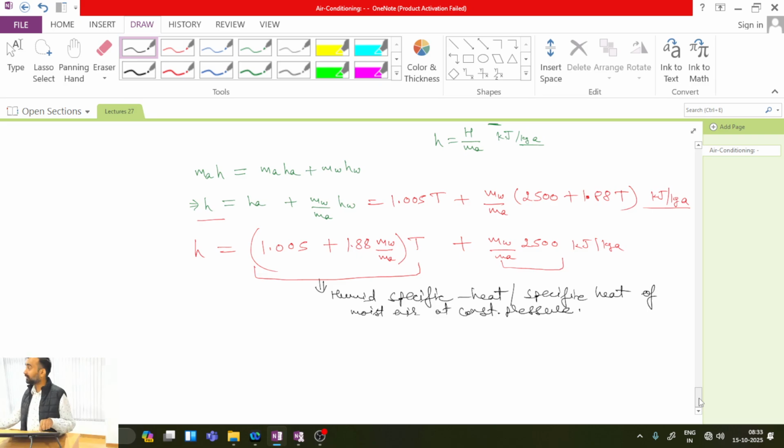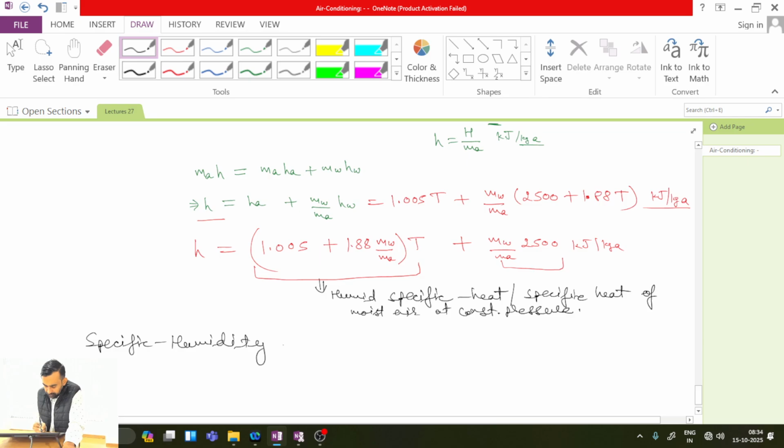That's why, since this is air plus moisture, it means humid or moist air. Now we will be defining one very important property, which is called specific humidity or humidity ratio.